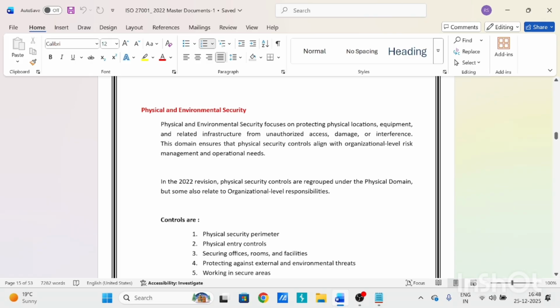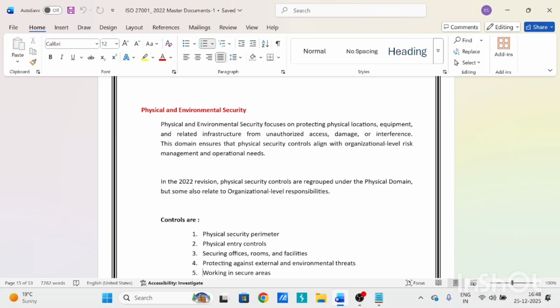Next is physical and environmental securities. Physical means what exactly? The tangible assets, and environmental means the security related to nature.